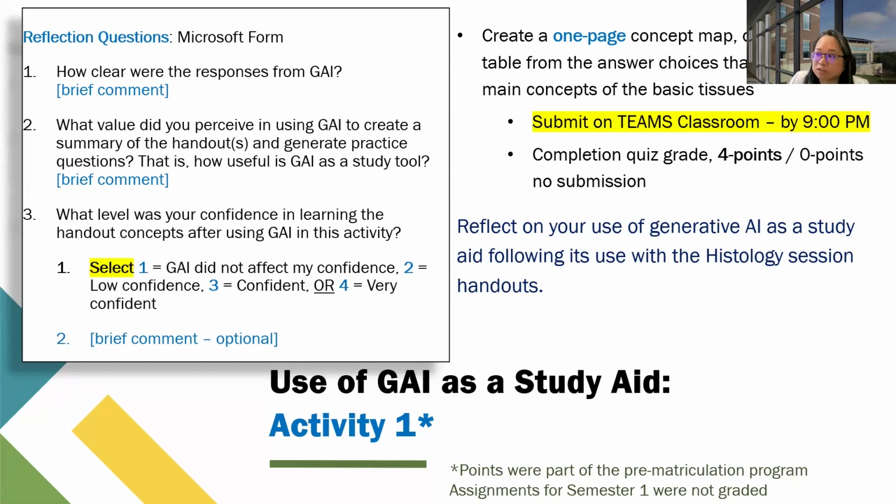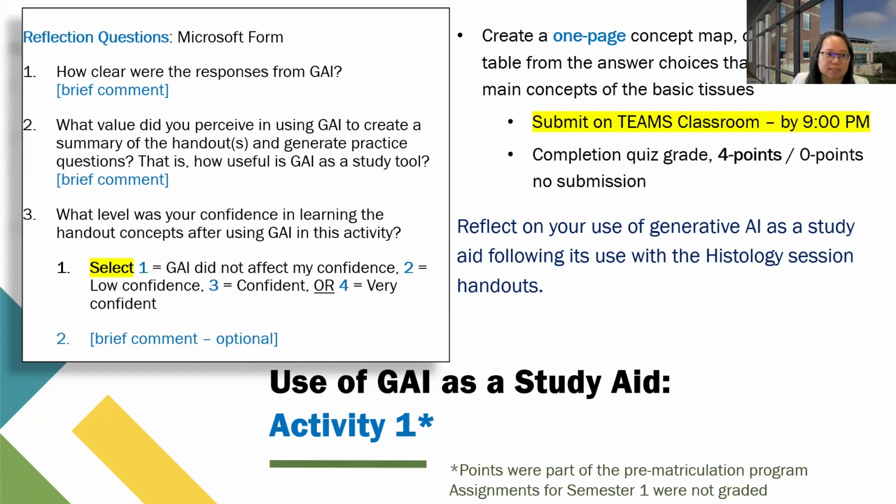That is, how useful is generative AI as a study tool? Then I wanted them to give an idea of their level of confidence in learning the handout concepts, especially after using generative AI. I used a numerical Likert scale: one for the tool not affecting their confidence, two for low confidence, three for confident, or four for very confident. Then there's an optional brief comment if they wish to add one.